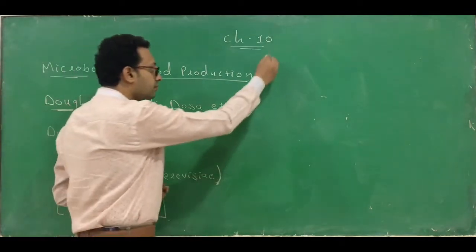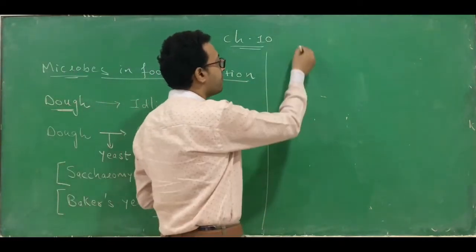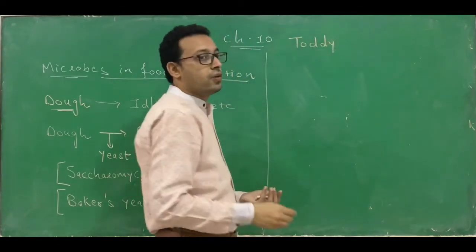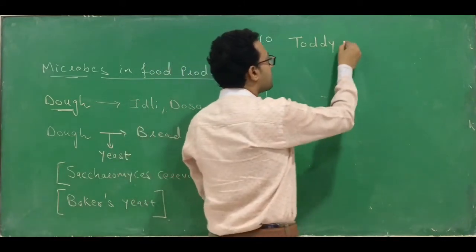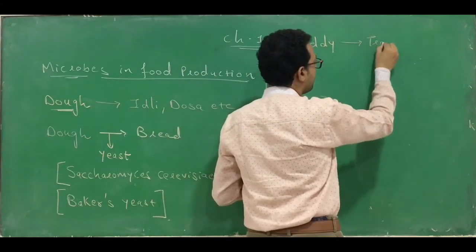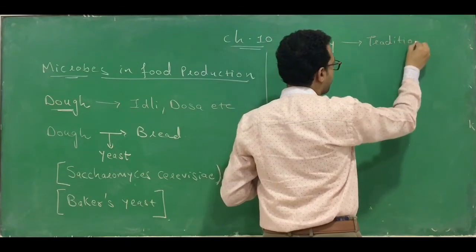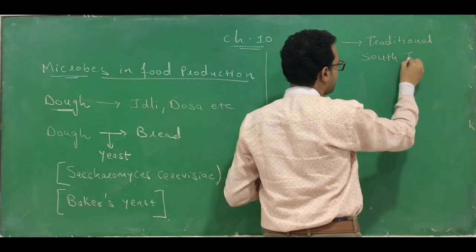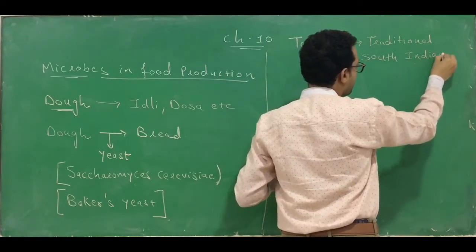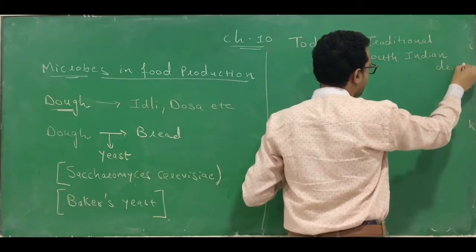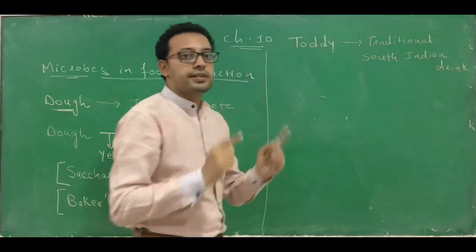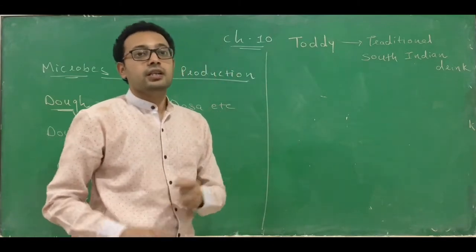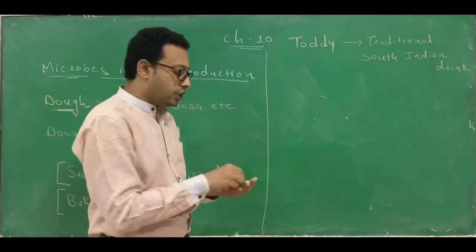Next, another food product we can prepare with the use of microbes is toddy. Okay, what is toddy? Toddy is a traditional South Indian drink. For the preparation of this toddy, the microbes are useful. How is the toddy prepared?